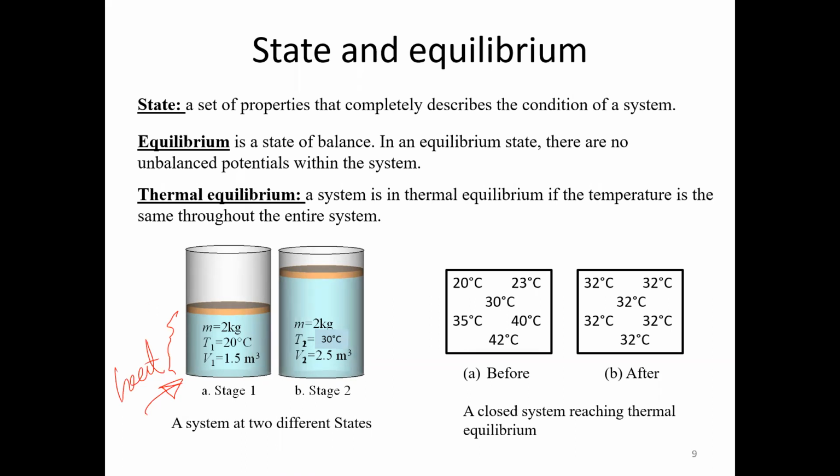Because of the increase of the temperature, the volume will increase, and it will be a bigger volume. So now we have two states, state 1 and state 2, for the same amount of fluid.